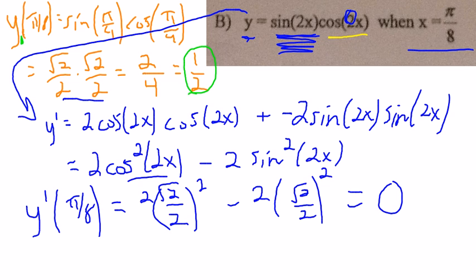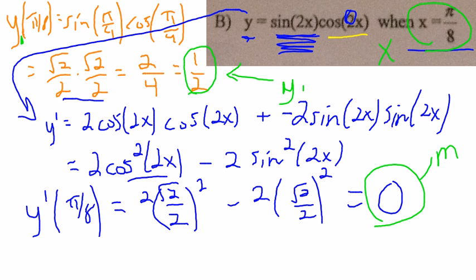So, lastly, let me circle that in green, because that is my m. This, if you remember back, was my y sub 1. And then the pi over 8 is the x sub 1.